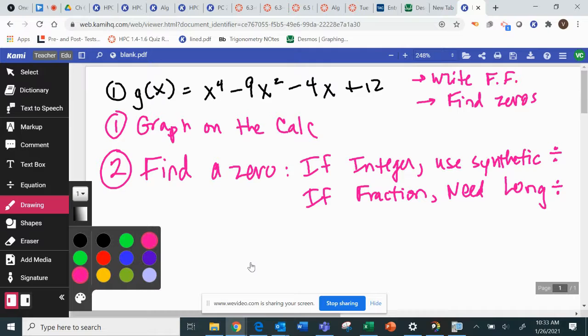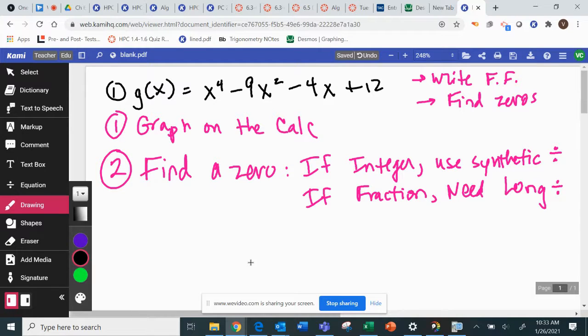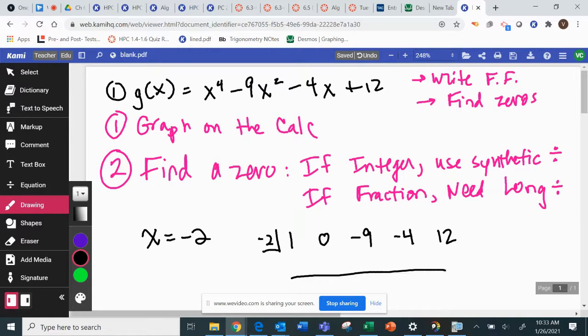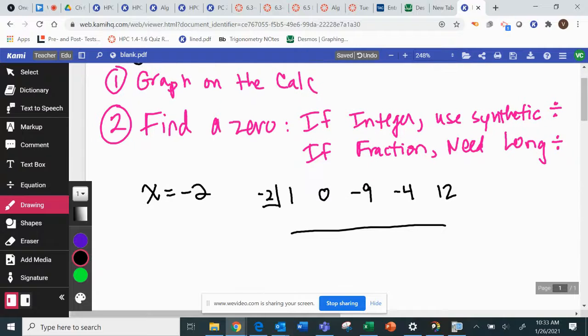So we found x equals -2. So that's an integer. So I'm going to do -2, and I'm going to use my synthetic division. If you don't leave a space there, you will get it wrong.